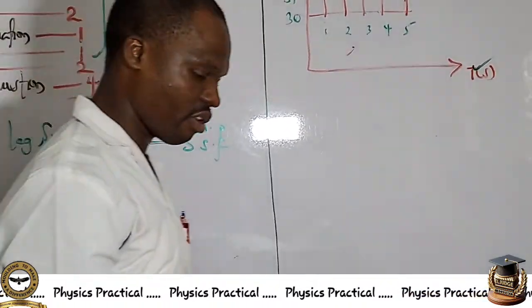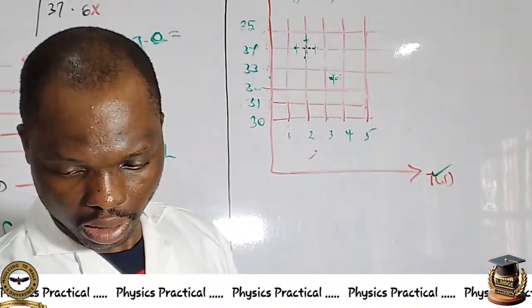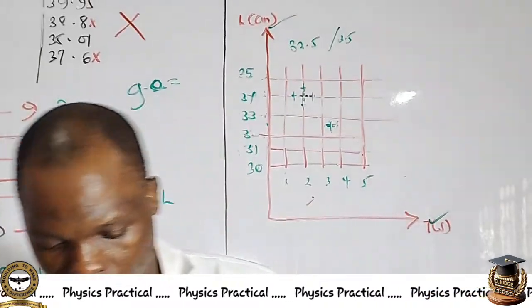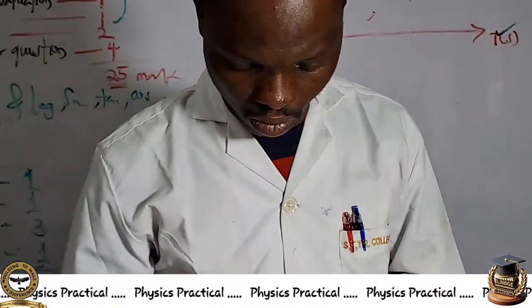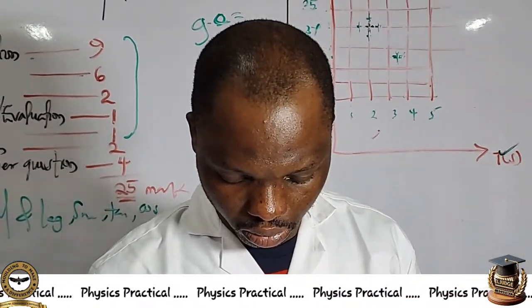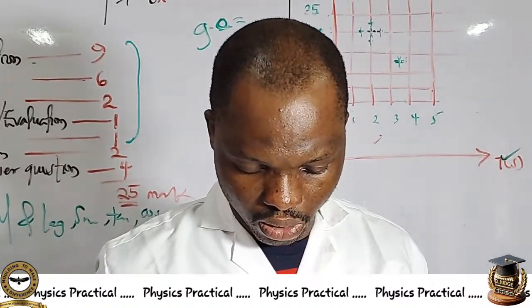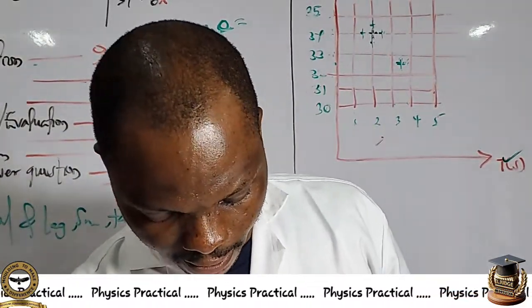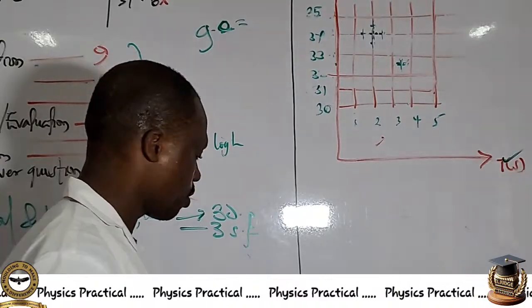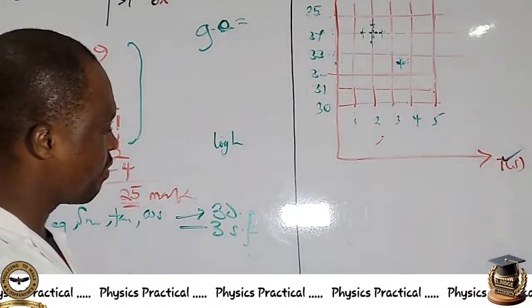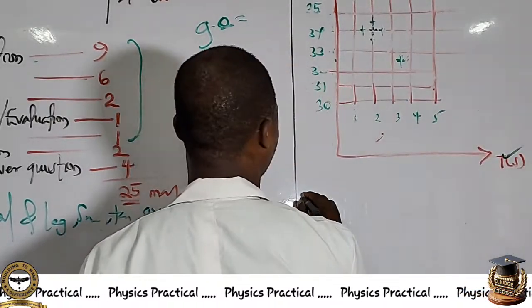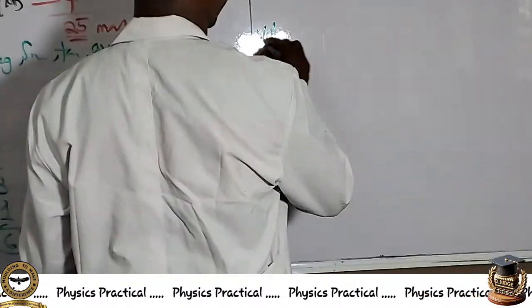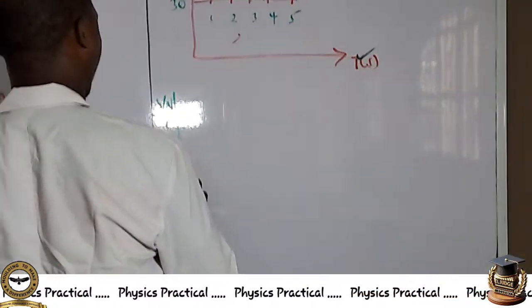And how do we get the line of best fit? Now, before I continue, if I'm asked to draw up my table, I can start with serial number, which does not carry any mark: 1, 2, 3, 4, 5.